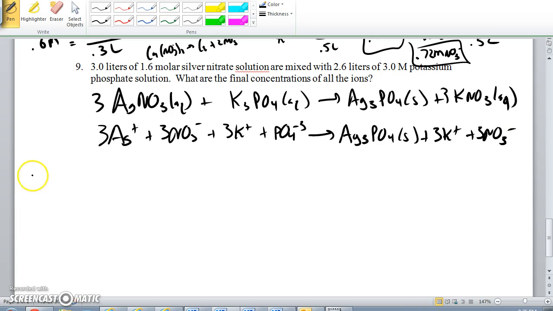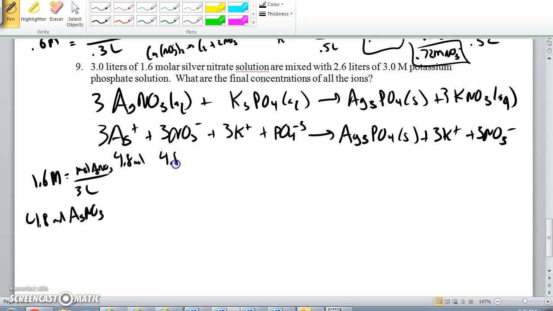We've got 1.6 M equals moles of silver nitrate over 3 liters. So 1.6 times 3 gives us 4.8 moles of silver nitrate. That's a 1:1:1 ratio. So we have 4.8 moles to begin with. Let's look for the potassium phosphate.